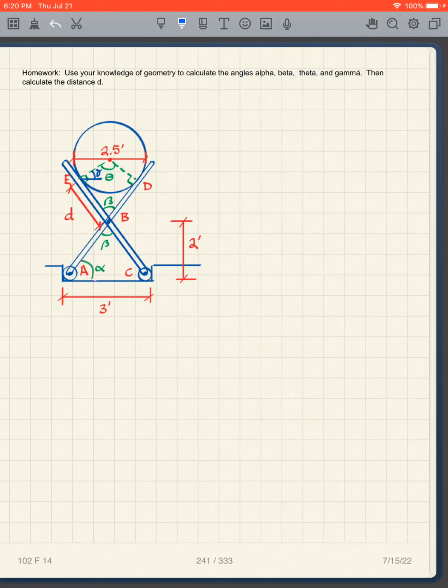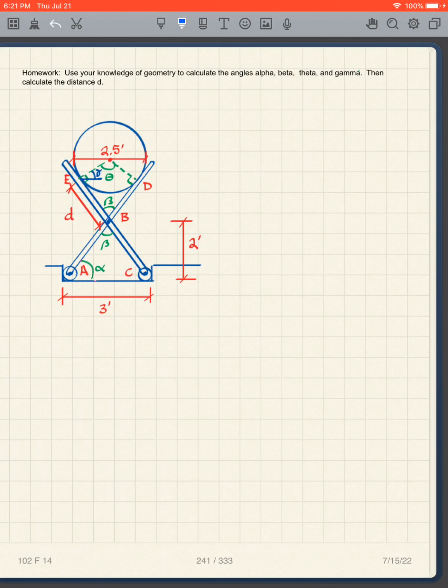Here, I've got alpha here, beta also here, theta here, and gamma right there. We've got all those angles. It's not hard, this is high school geometry, but I want you to work through these because they're all part of the problem, and then calculate this distance d here.